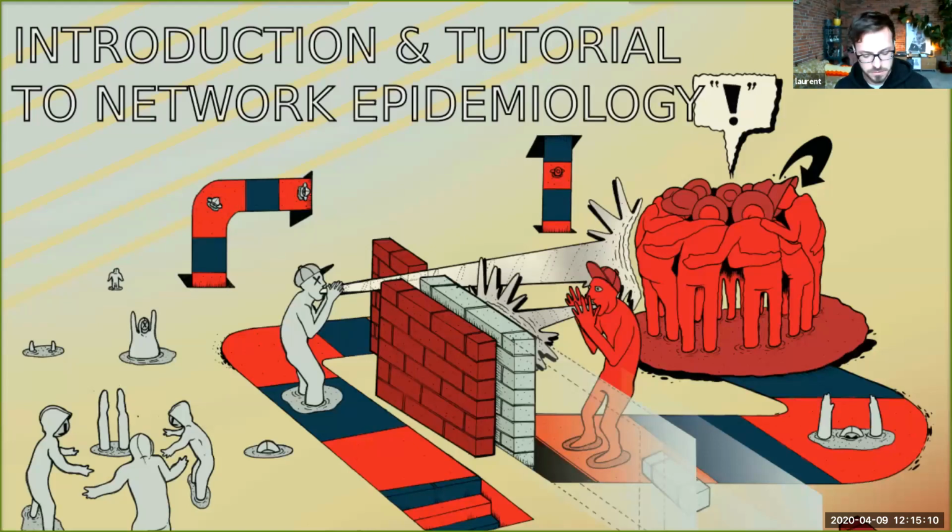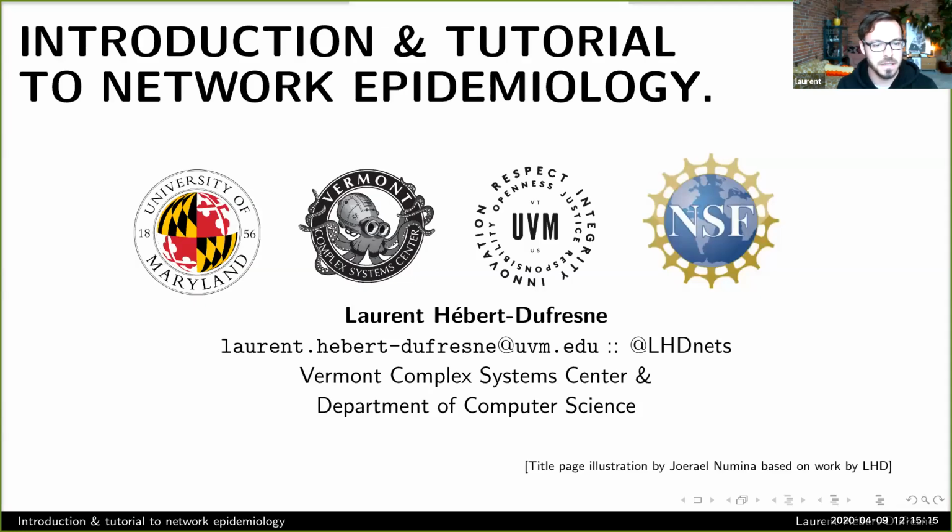I'm very excited to be here today. Normally, I'm at the Vermont Complex Systems Center at the University of Vermont. I'm an assistant professor of computer science. But I think what we're doing today is really important. I know we're all quarantined, and I think this event can help us all in a lot of different ways. So network epidemiology right now is at a point where we can definitely help more classic epidemiologists think about the structure of their systems.